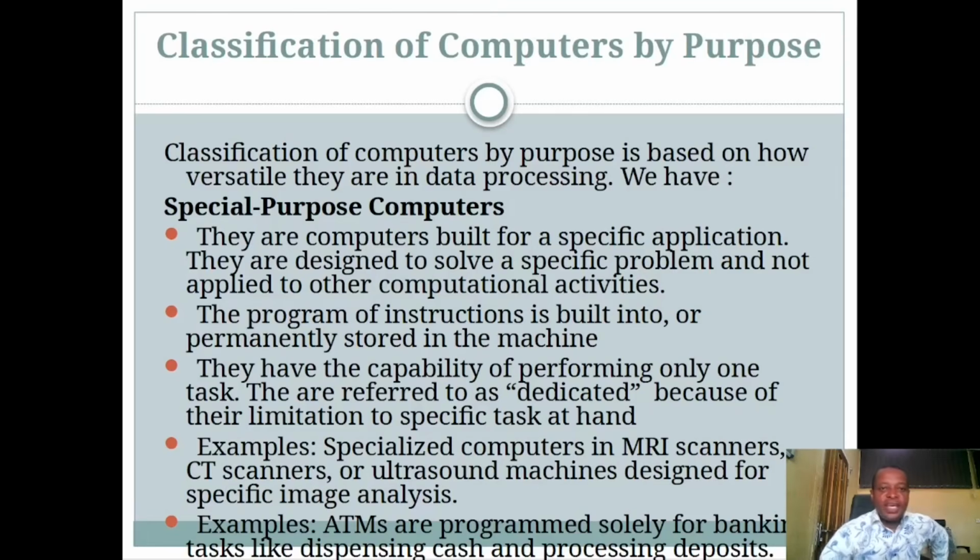We are going to go to the next subtopic now, which is classification of computers by purpose. When we are talking about classification of computers by purpose, we are describing how versatile a computer system is when used in data processing.